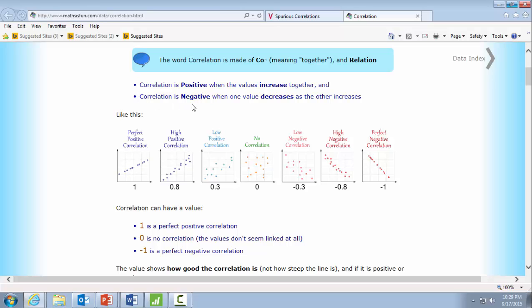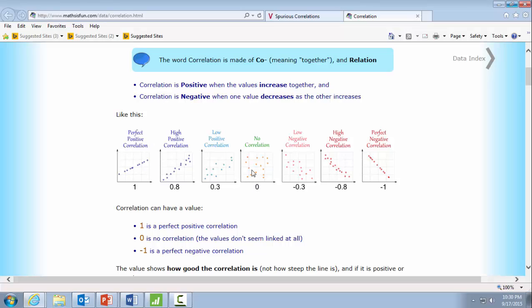We get a negative correlation when one value decreases as the other increases. And we see the perfect negative correlation at the other end here. So these guys are going downhill. So as the x value increases, the y values are coming down. And again, it's perfect because it's an exact straight line. We see a correlation coefficient of -1.